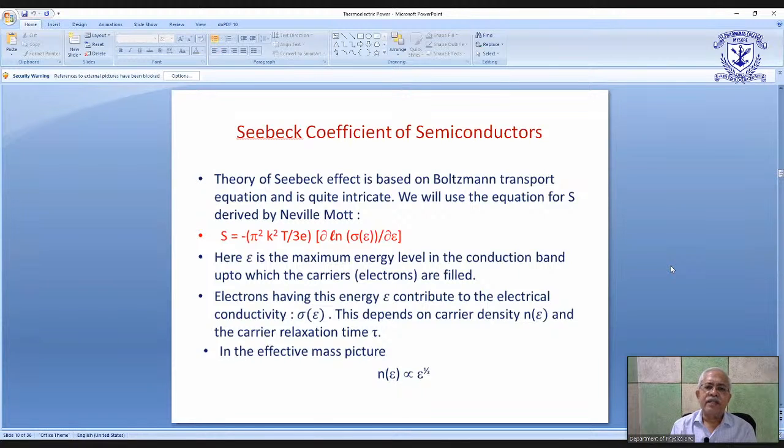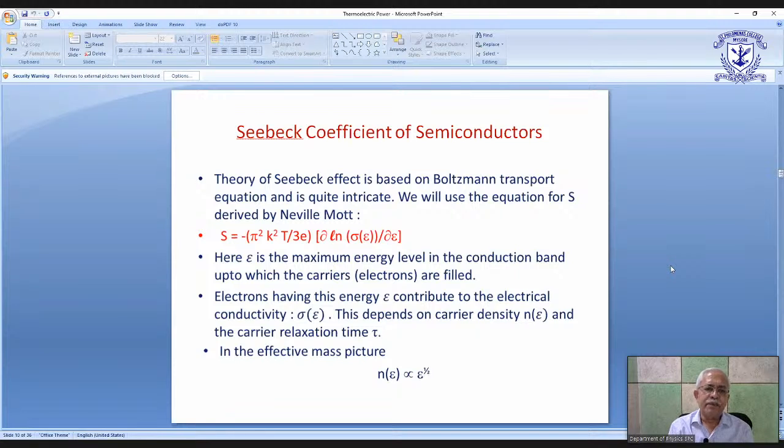The theory of the Seebeck effect uses the so-called Boltzmann transport equation, which deals with the evolution of the distribution function of the electron gas. We will not bother about the detailed theory, but we will quote the equation for the Seebeck coefficient, which was developed by Sir Neville Mott, one of the Nobel Prize winners.